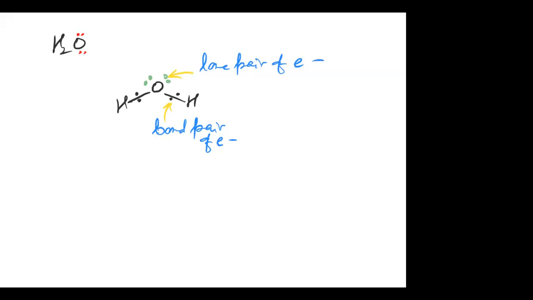Now, apart from bond pair and lone pair of electrons, apart from sharing of electrons, there is another bond which is also known as the coordinate covalent bond. So it is the third bond.